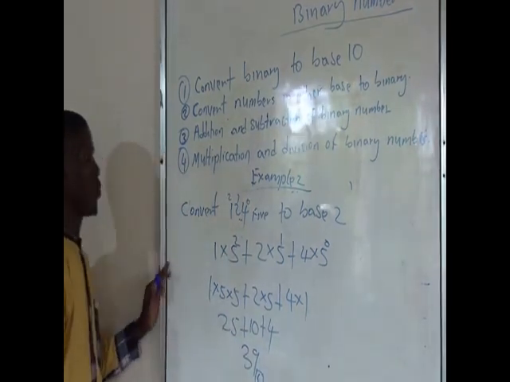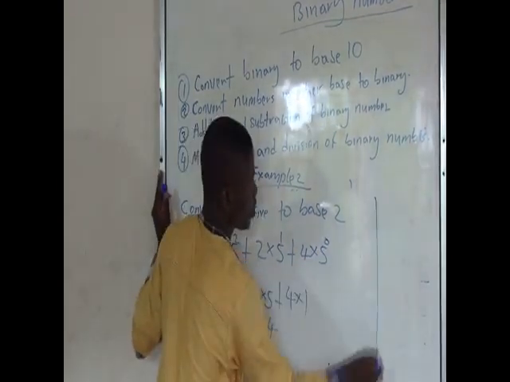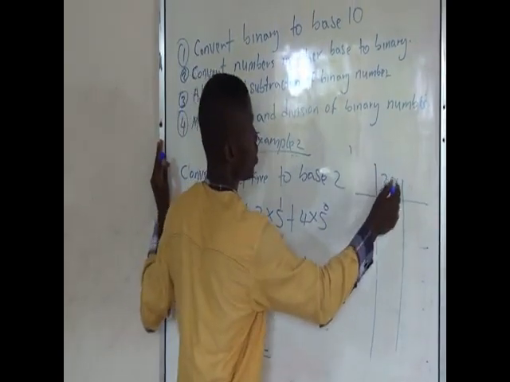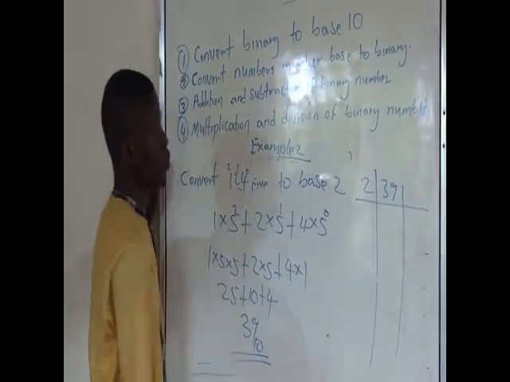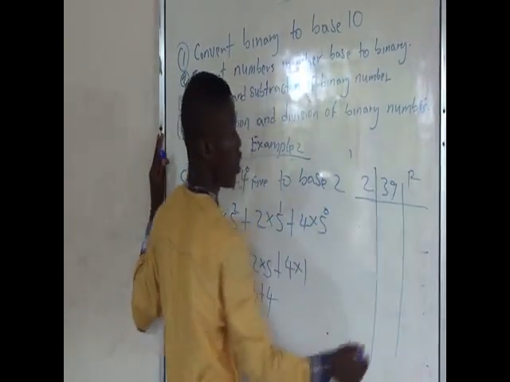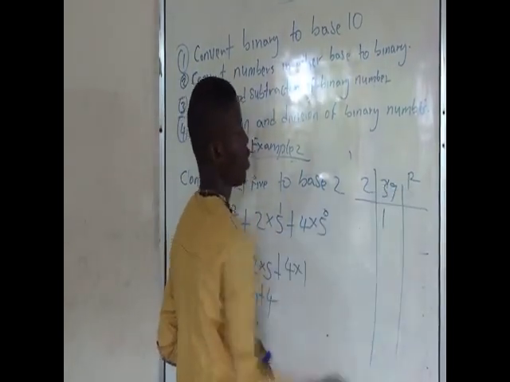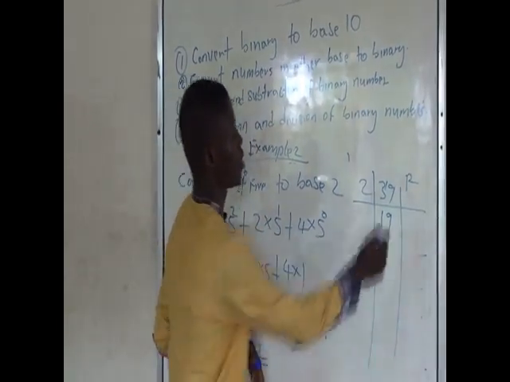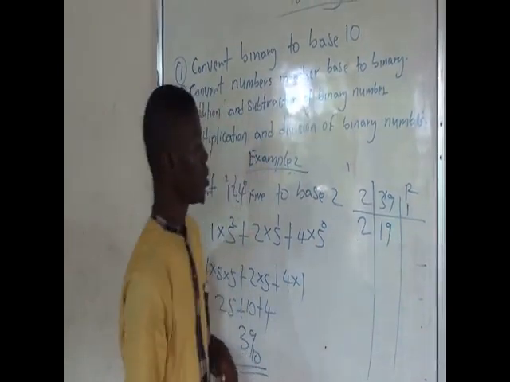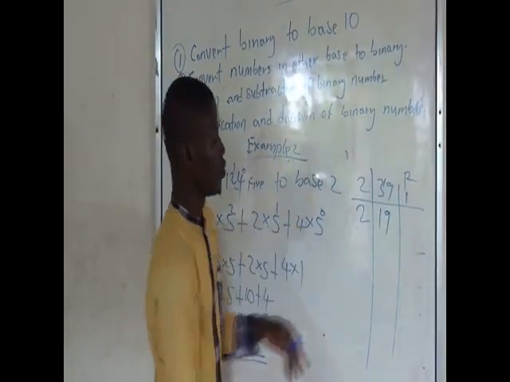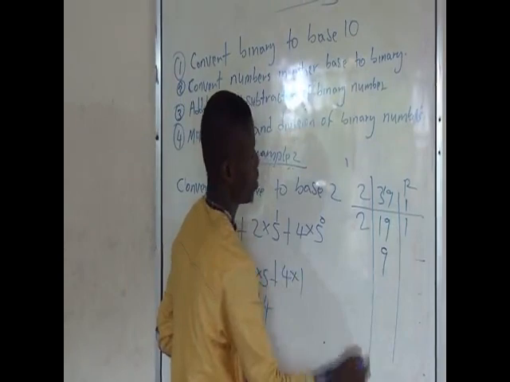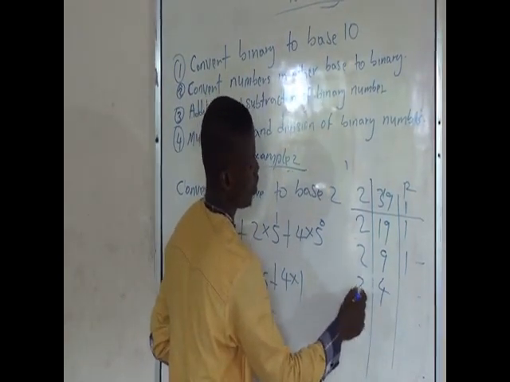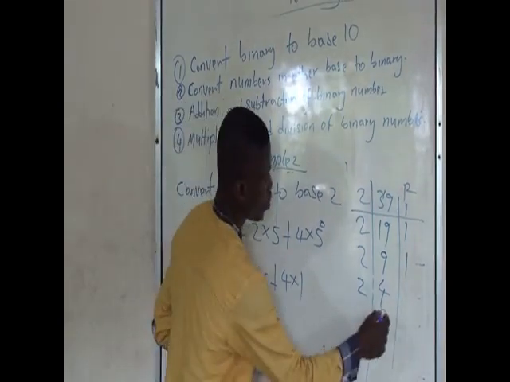Then we convert 39 back to base 2. 39 will be here, 2 will be here. 2 going to 39 will give us 19 remainder 1. 2 going to 19 will give me 9 remainder 1. 2 divided 9 will give me 4 remainder 1. 2 divided 4 will give me 2 remainder 0.